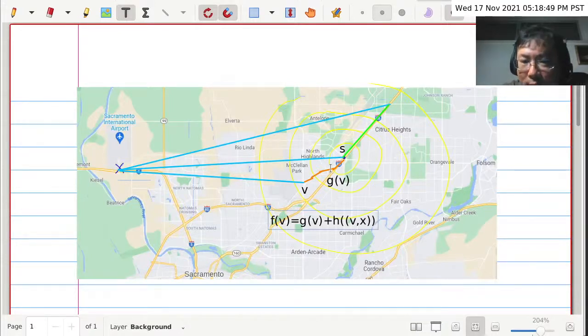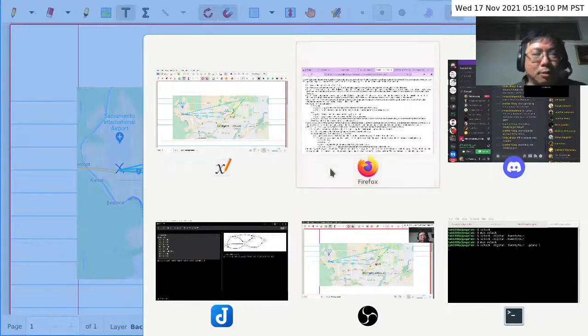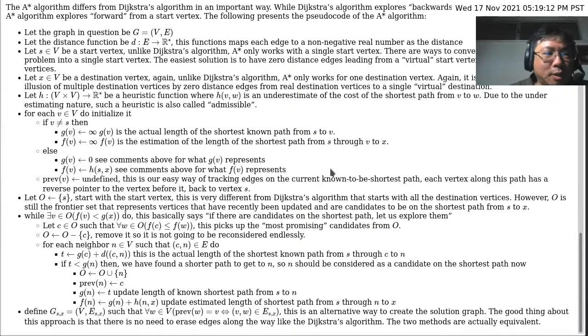Next, Jonathan asks, why not just set g of v and f of v to infinity? That's what we are doing in the algorithm, except for one specific vertex. Let me double check, just in case I did something wrong when I typed the notes.